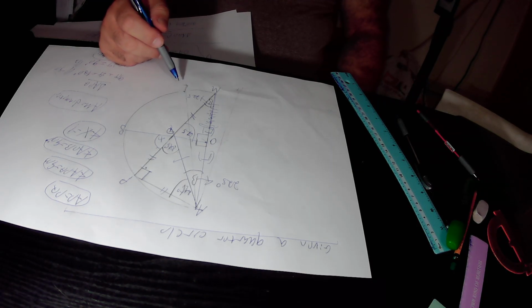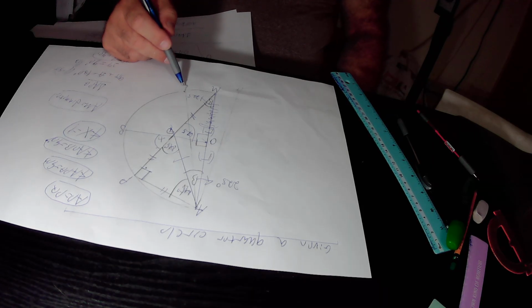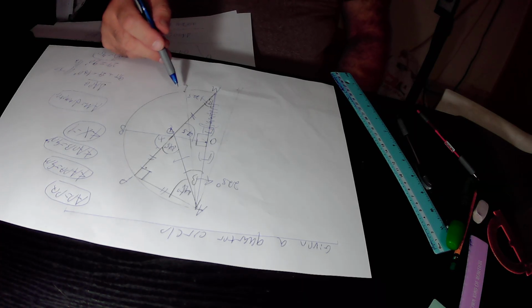But if the extended side PQ touches the semicircle at point L, then we will have a contradiction to rule 5, because we have peripheral angle APL that is equal to 90 degrees.